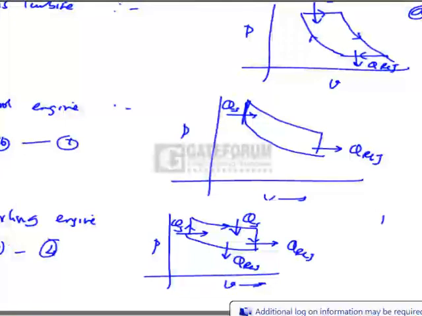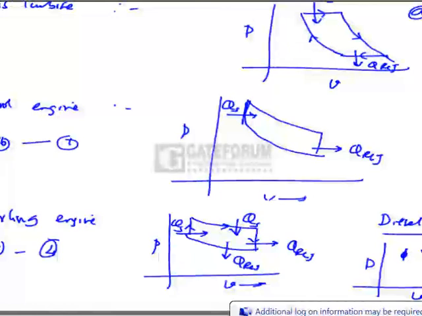Looking at the diesel engine last, or diesel cycle, heat addition at constant pressure and heat rejection at constant volume.